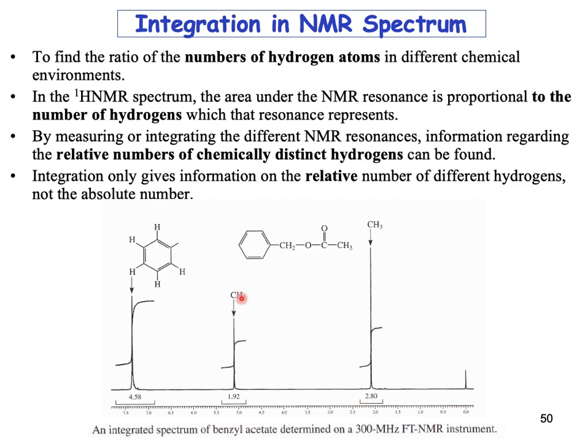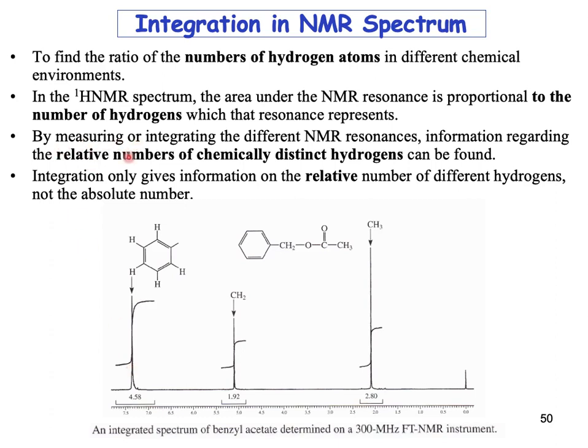So in a proton NMR spectrum, the area under an NMR resonance is proportional to the number of hydrogens which that resonance represents. It means it tells us how many protons have the same chemical shift. This is called the integration.